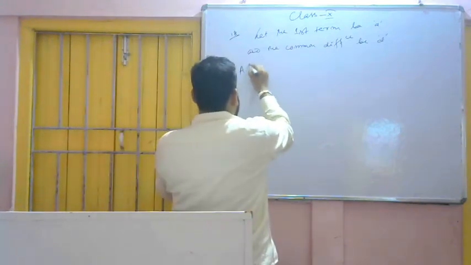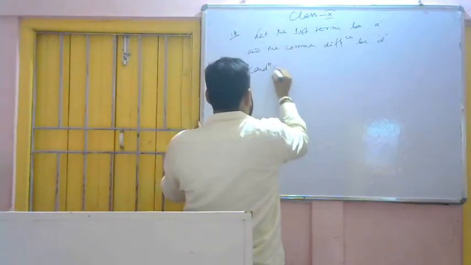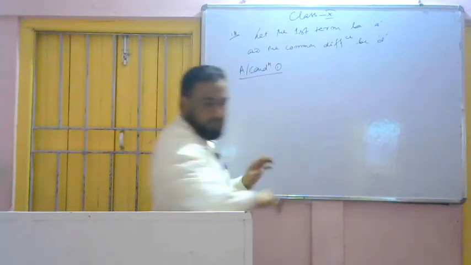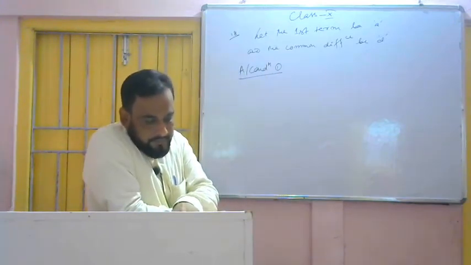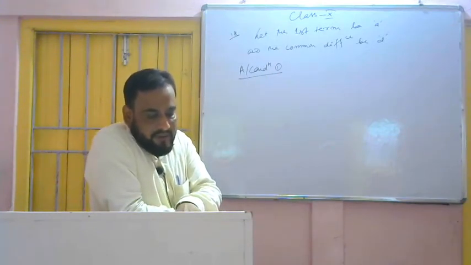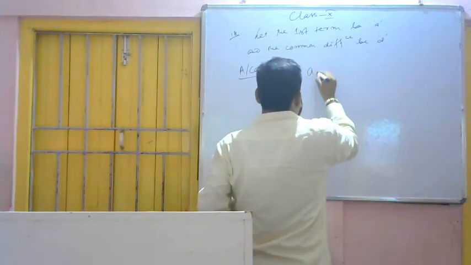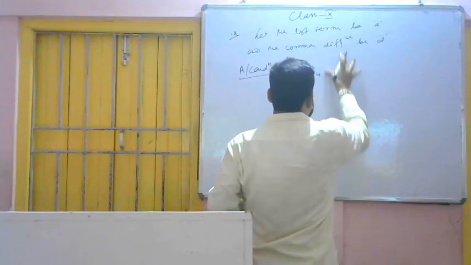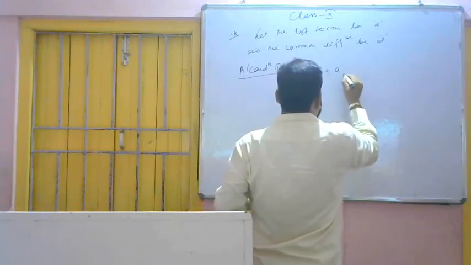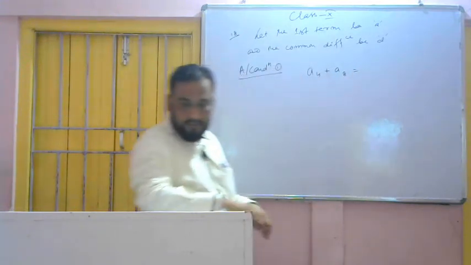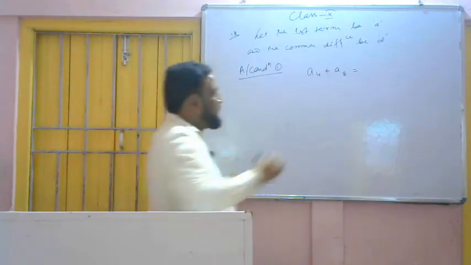So according to condition 1, sum of the 4th term and 8th term, A4 plus A8 is equal to how much? 24.